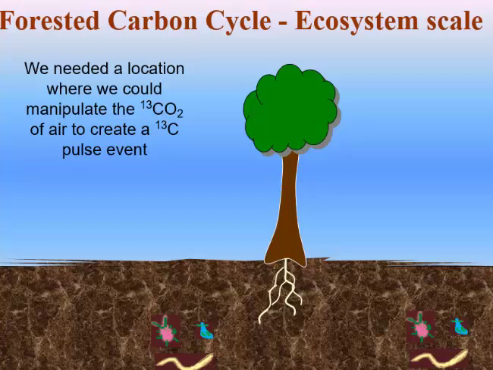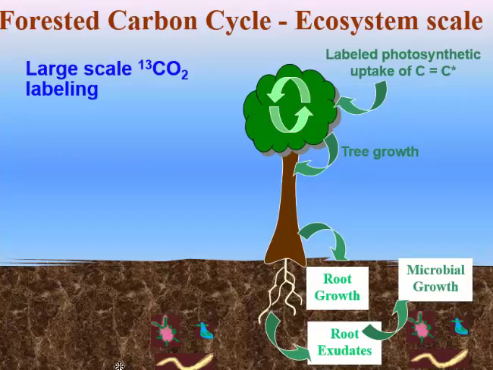So when we look at a regular forest carbon cycle, there's a few different inputs that we can look at. We have inputs to the system, which are leaves doing photosynthesis. That photosynthesis takes carbon in. It uses some of the new sugars that it has formed through photosynthesis to support tree growth, some of it just to support regular leaf respiration, and some of that carbon gets transferred down to the root level, which can support root growth, but can also support the secretion of organic acids at the root level, in what we call root exudates, into soils.